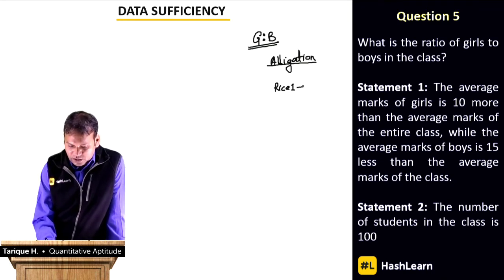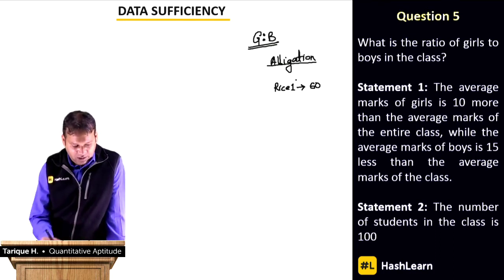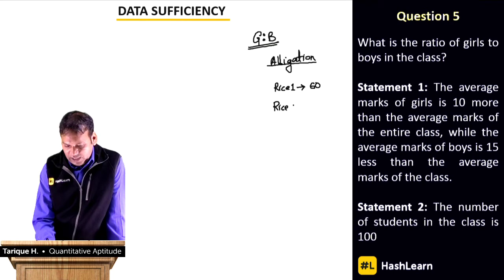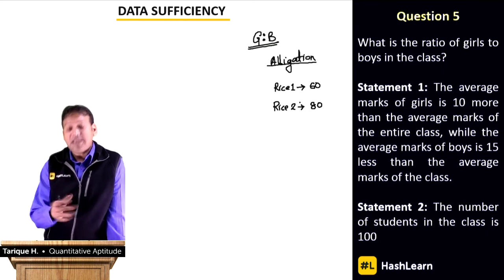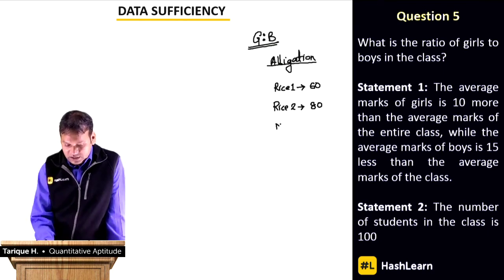Suppose there's rice 1 and the cost of rice 1 is 60 rupees per kg, and there's another variety, rice 2, and the cost is 80 rupees per kg, and a shopkeeper mixes them together and the mixture is costing 72 rupees per kg.